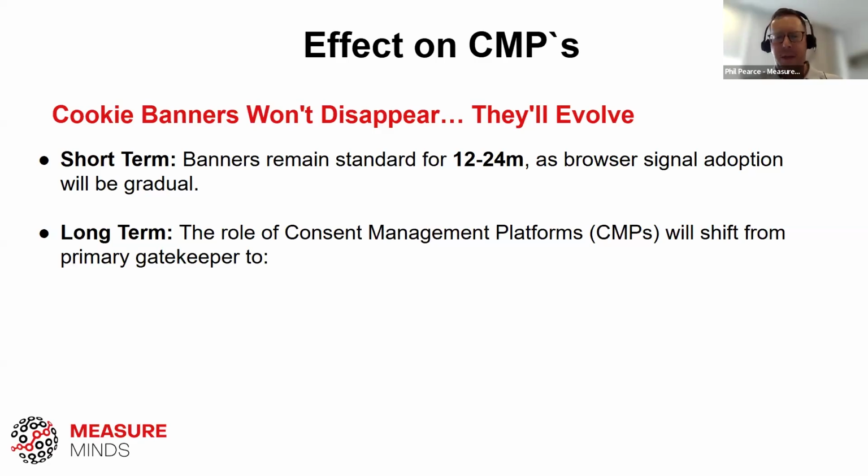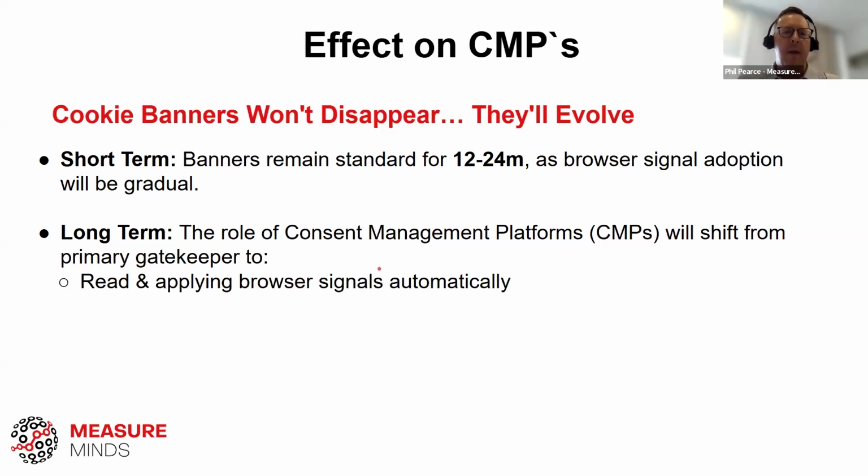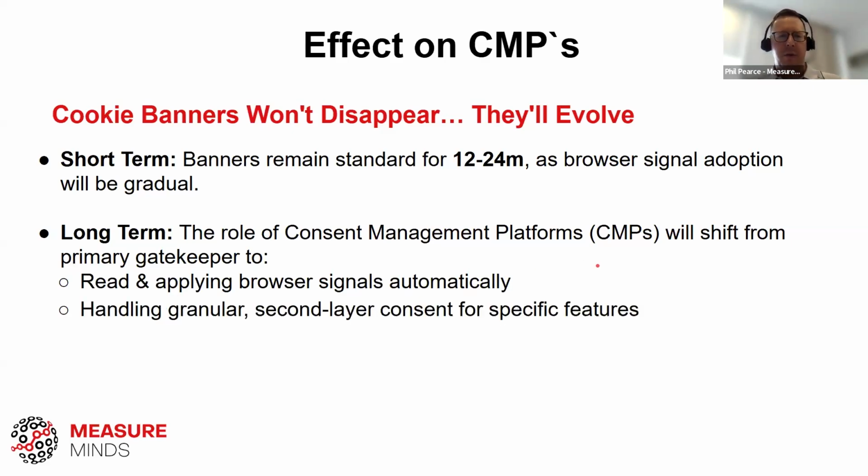There are a couple of specific use cases though where CMPs may need to adjust what they do. You've still potentially got a hybrid situation where you have cookies and a browser signal. There's a question of which one takes precedence there, and also, with these proposals at the moment, it's not clear if they've got second layers or more granular control.